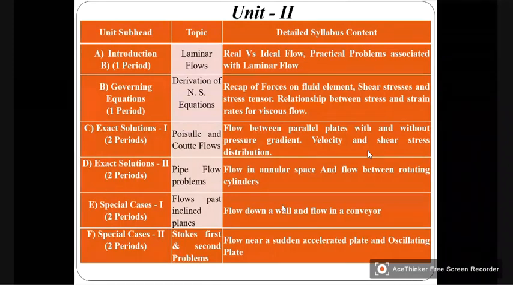Initially, the plate is stationary. Then suddenly it is accelerated. So then how the flow pattern changes. Similarly, there is another case where there is a plate which will be oscillating. So what are the governing equations? What is the solution for that? So these are the things which we will consider.